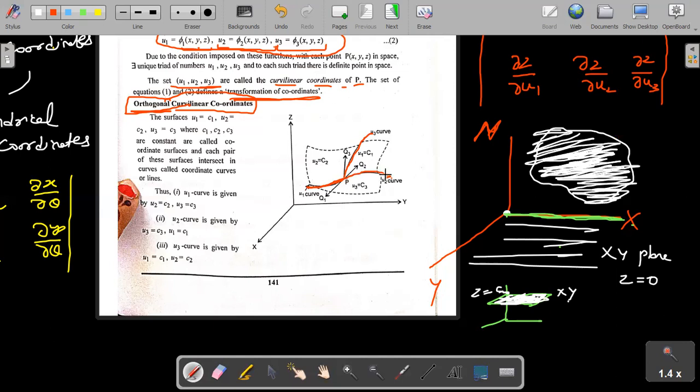So you see this is U2 curve, this is U1 curve, this is U3 curve. इन curves के बीच में जो area है, so if you see this is the area between the U2 curve and the U3 curve. तो जैसे अगर आपको याद हो हमने किया था XZ plane के बीच में जो area है, there y is constant. So this is the area between the U2 curve and U3 curve. So on this curve, U1 will be constant. So U1 is some constant C1. Is it fine, बच्चे?